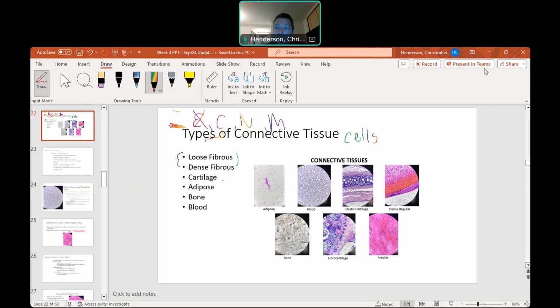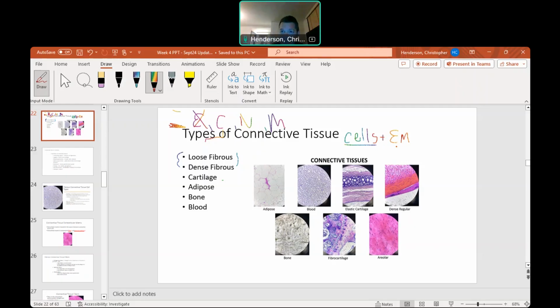But all connective tissue is going to have cells. The cells are going to be floating around in some sort of other goo. So this is kind of like the meat, and then we're going to have the accessories that are with it. So what are the accessories? Well, you have 2 parts that are combined in this thing called the extracellular matrix. Here's the cells. What does extracellular mean?